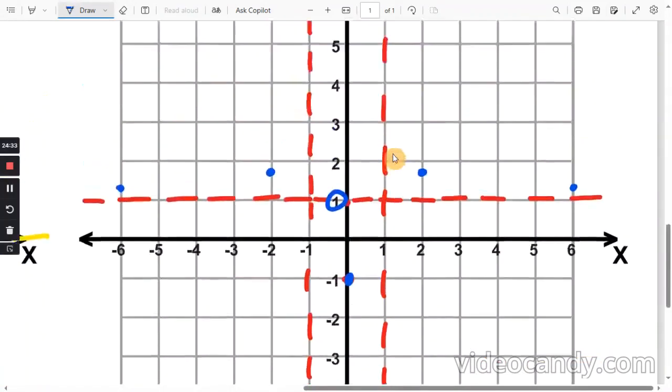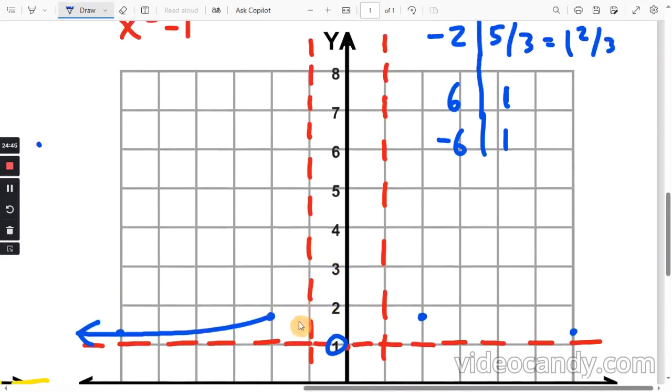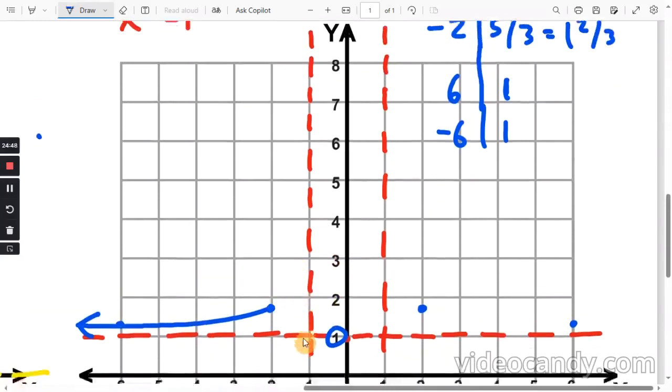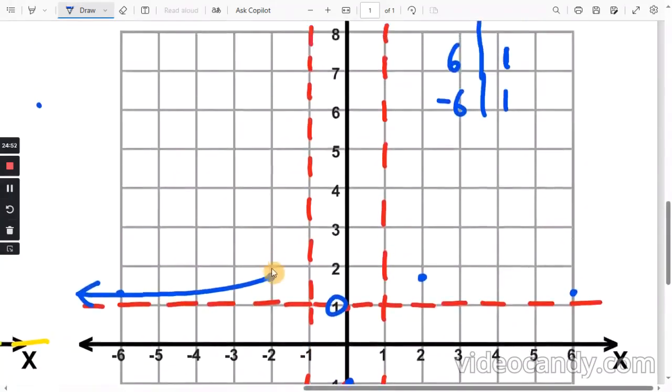All right, let's see. If the graph goes like this on this side, over here, it's going to have to approach this asymptote. So you can plug in like negative 1.1 or something. But it's already obvious the graph is going like this. All right, because it's never going to reach the asymptote. That's the point of the asymptote.